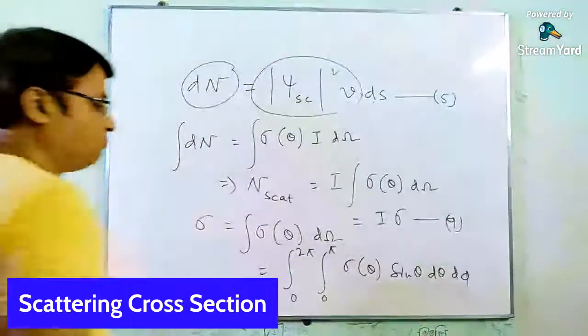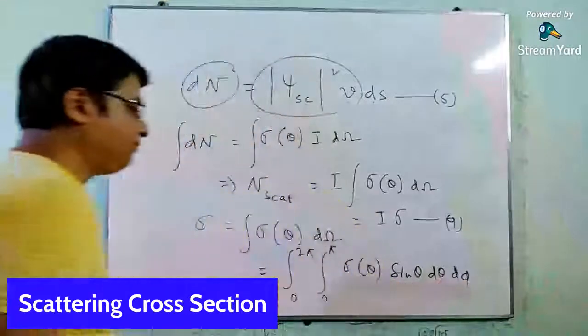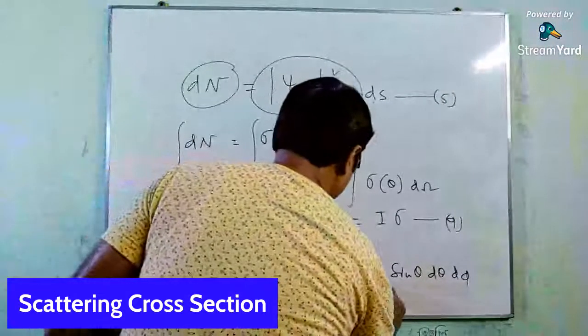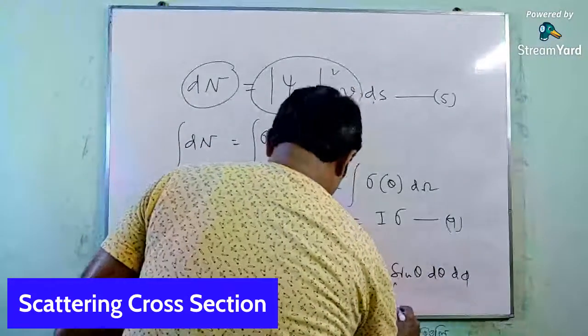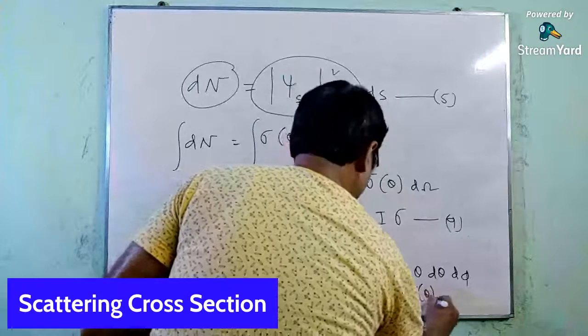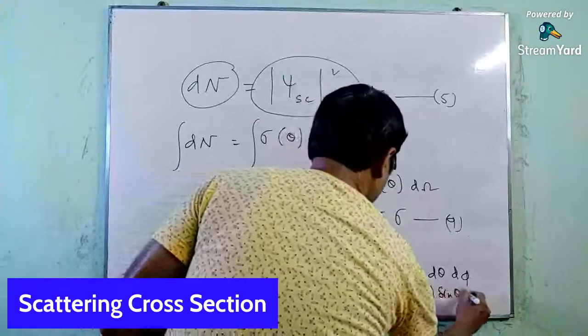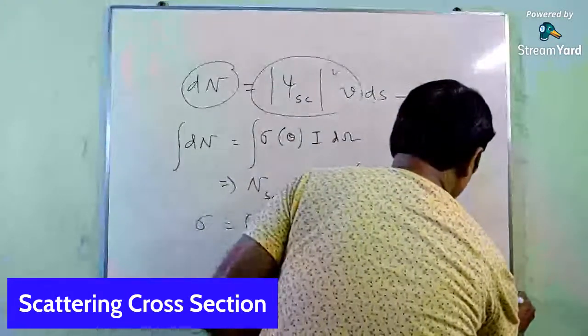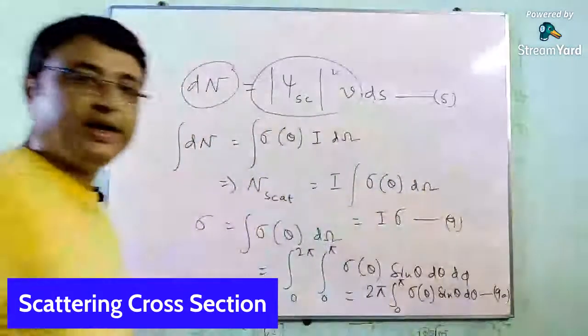Then integrating over phi, we get 2 pi times the integral from 0 to pi of sigma(theta) sin theta d theta, and let it be equation 9a. Is it okay?